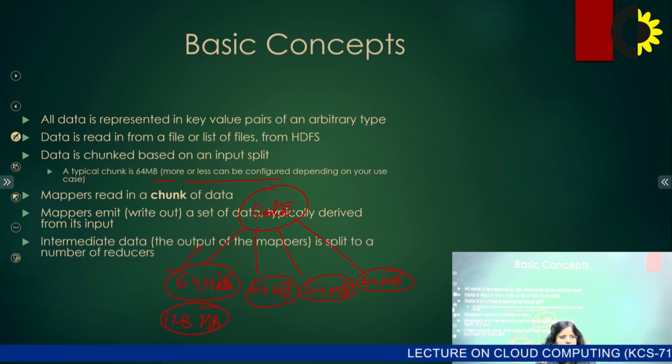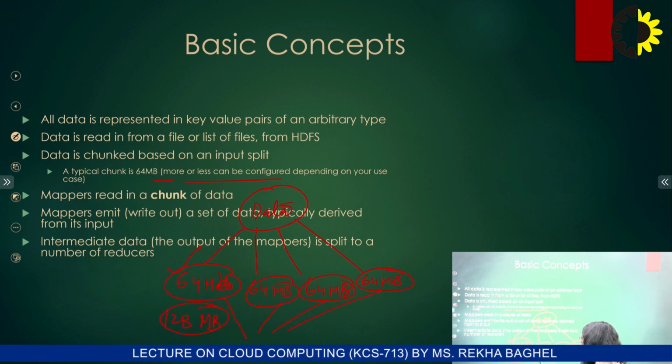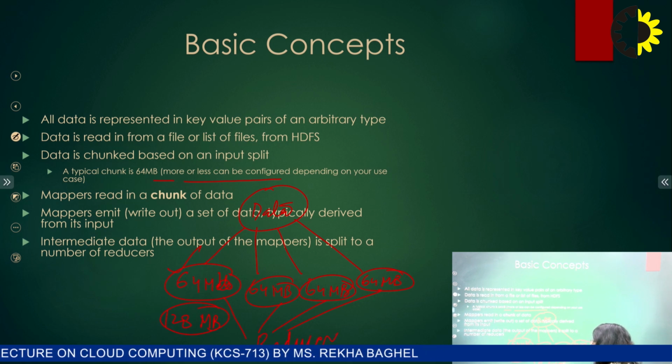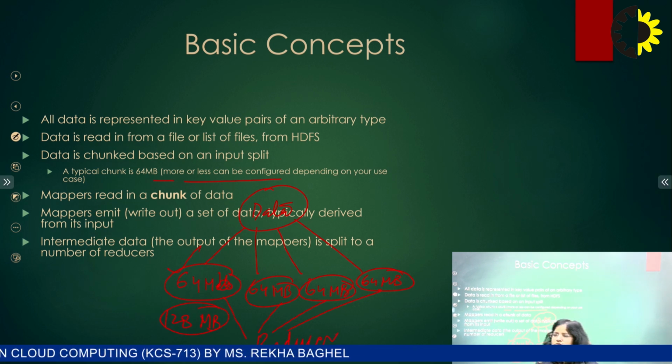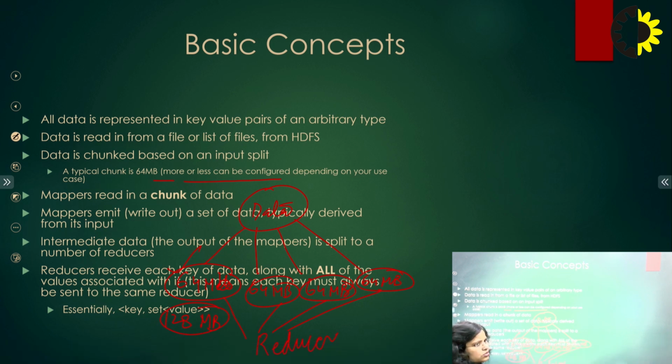After that the task of the reducer comes into existence. The reducer reduces the data provided by the mappers. Before the reducer works, there is an in-between component, the shuffler, which shuffles the ordering of the key values.